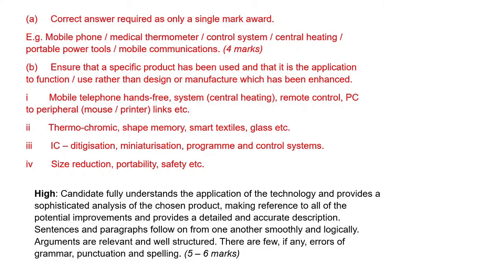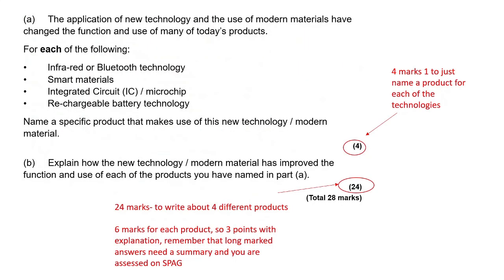You can also share information, so instead of sending a text, you can Bluetooth and send documents between two devices. You can connect your phone to your laptop a lot easier. So there are all these different possible things, it's just making sure the one you've picked gives you enough to write about.